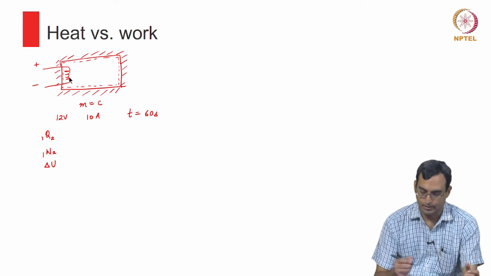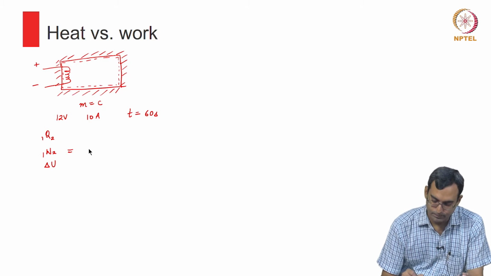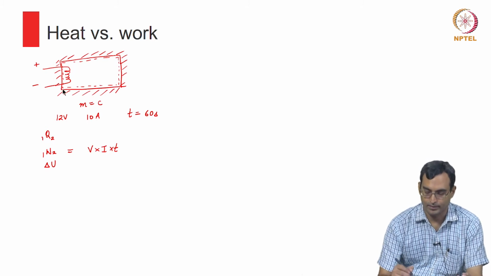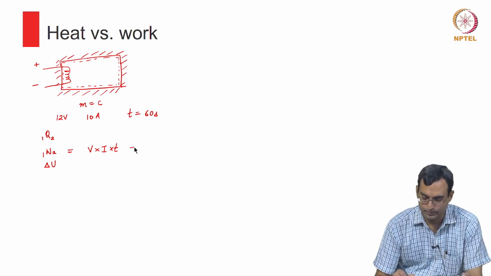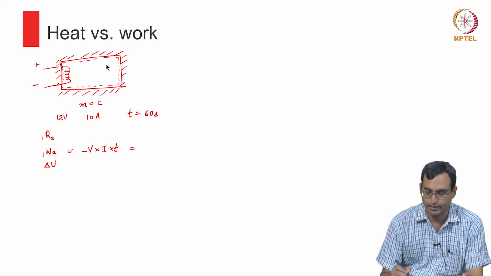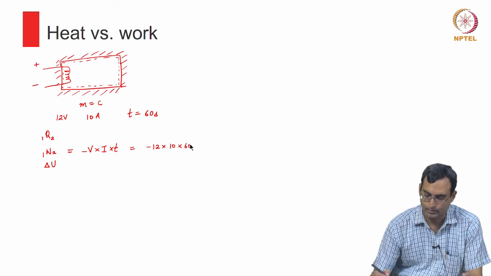We have discussed earlier that that kind of work would be given as the voltage into the current into the time. So in this case, because of my choice of system, I have work which is being done on this system. So the work interaction for the system is negative, and the value of this would be minus 12 into 10 into 60.